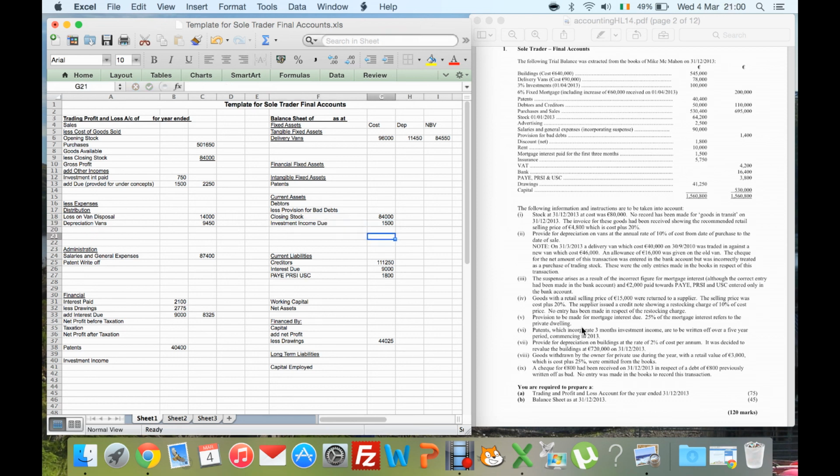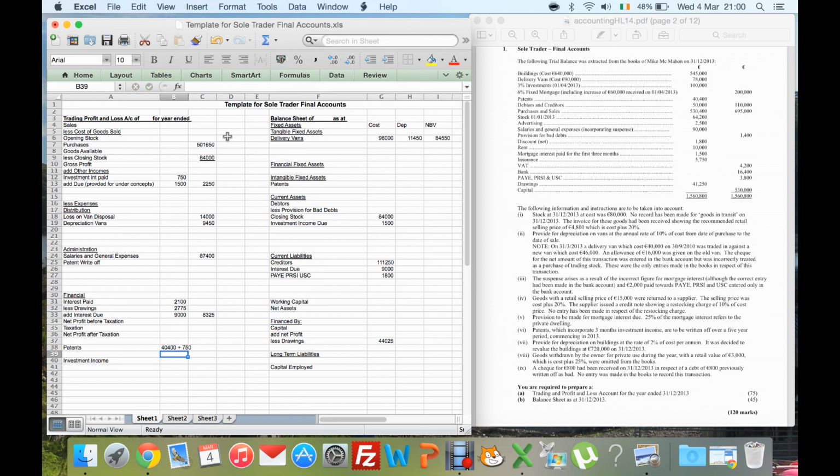So how does that affect our patents? We said that the patents would have originally had a credit entry for the investment income because incomes are all credit entries. So we're putting a debit to take it out of patents and put a credit in the investment income. So we're going to add it onto the 40,400, and it's only for the amount paid. Okay.